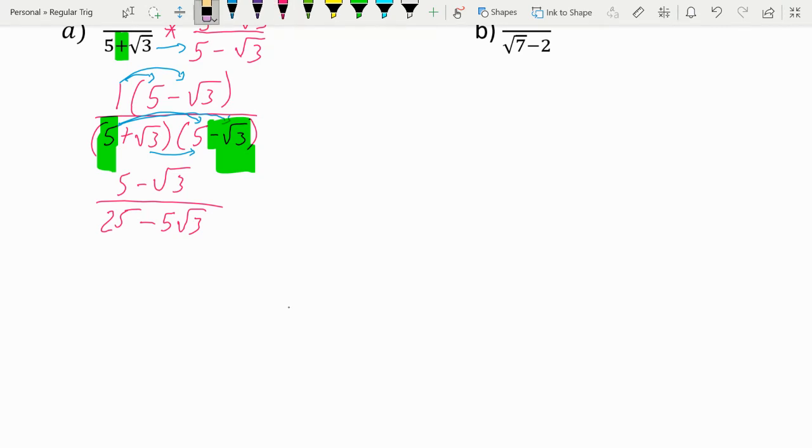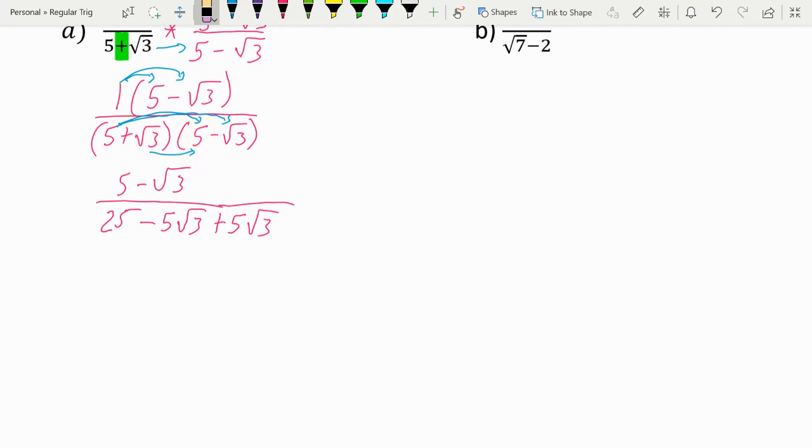Now I'm going to move over and multiply the square root of 3 times 5. The square root of 3 times 5 is exactly the same thing. Because the 5 is not underneath a radical, I'm just going to put the 5 on the outside and then the square root of 3.